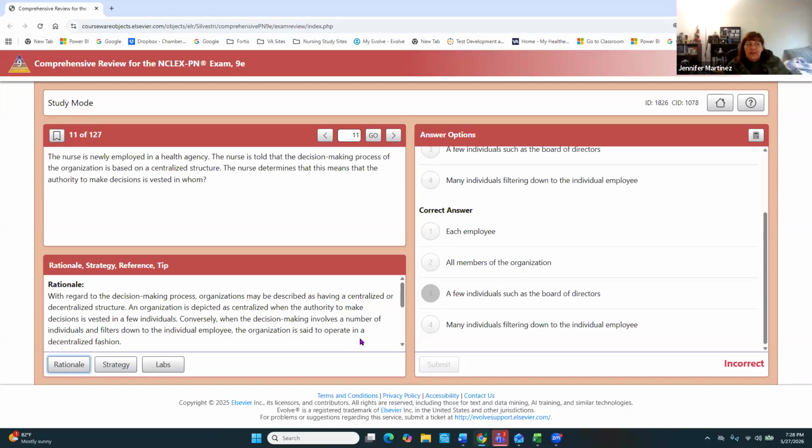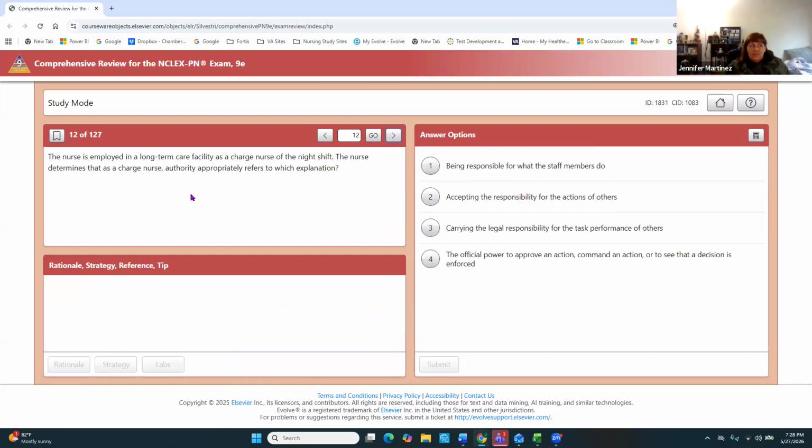Conversely, when the decision-making process involves a number of individuals and filters down to the individual employee, the organization is said to operate in a decentralized fashion. Okay, so centralized means that we only have a few people making decisions. Decentralized means that it's distributed further down. And I think we've covered that one before, so that's all good.